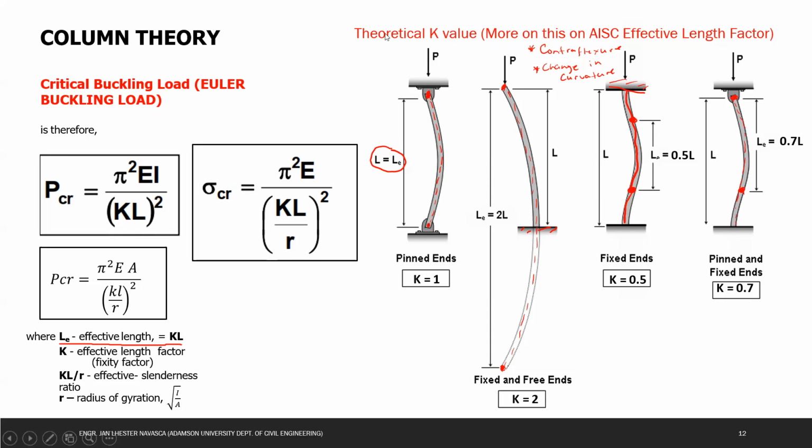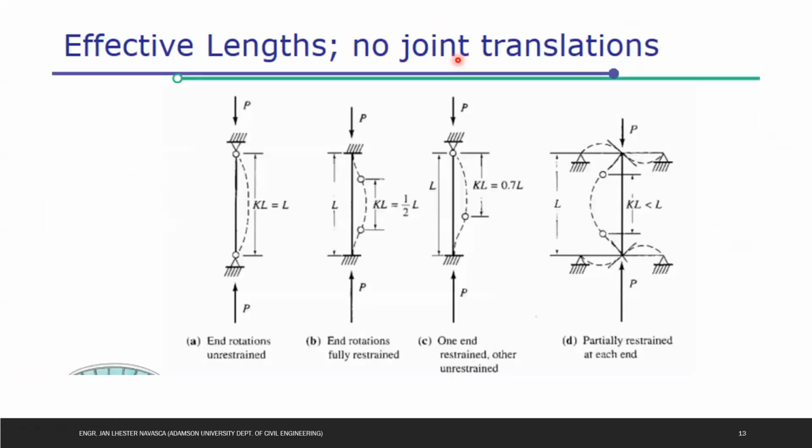Again, this is a theoretical K value, assuming that our structure is perfectly constructed. Now, more on effective lengths. For example, we have no joint translation, with end rotation unrestrained. Again, we have this one. End rotation fully restrained, again we have this one.